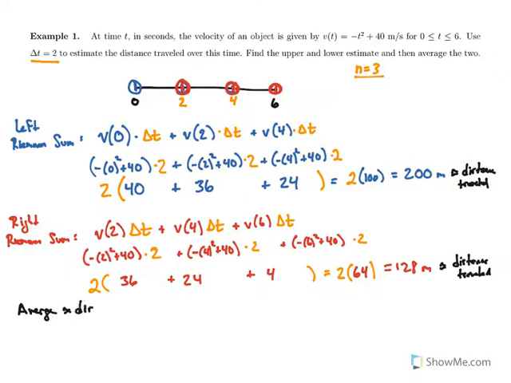That's going to be maybe a better estimate for the distance traveled. And that's going to be 200 plus 128 divided by 2, which is 164 meters. Maybe that's a better estimate.